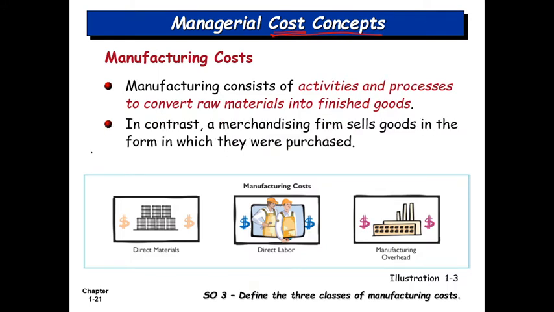Okay. In contrast, merchandising firms sell goods in the form in which they were purchased. So it's different. If you are a retailer, you sell goods in the form that you purchased. If you get the handbag from a supplier, that is how the handbag will be sold to the customer.